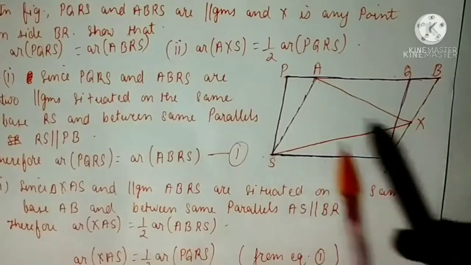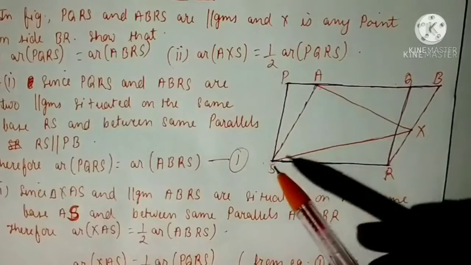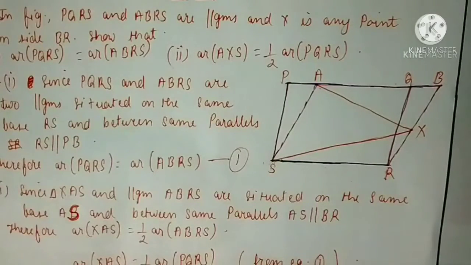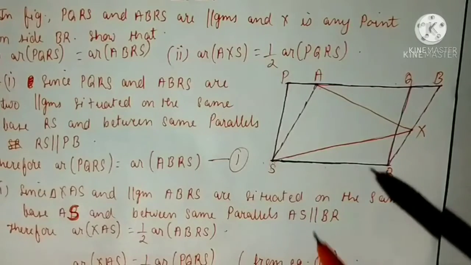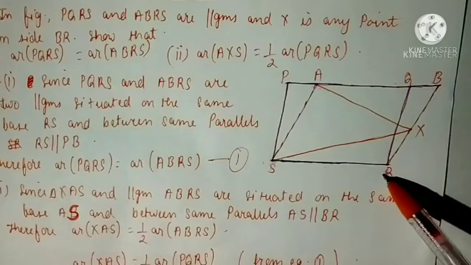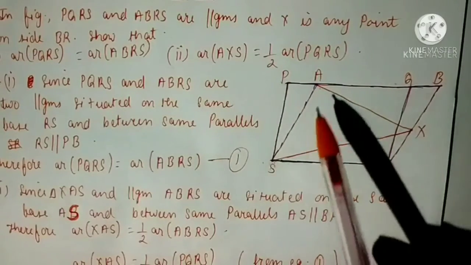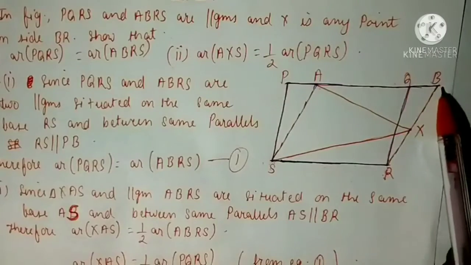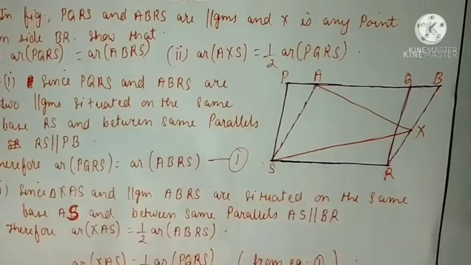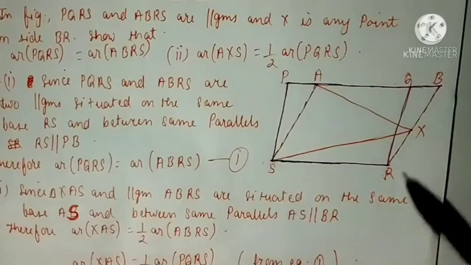See, the base of both is the same, that is AS. Okay. And they are between the same parallel lines, that is AS and BR. See, triangle AXS and parallelogram ABRS have the same base AS and are between the same parallel lines AS and BR.